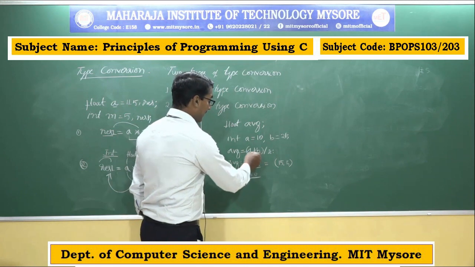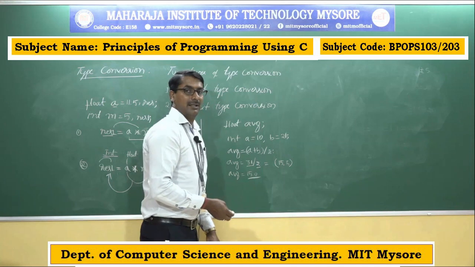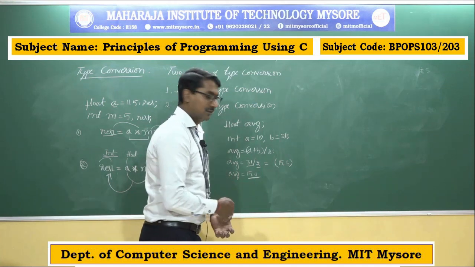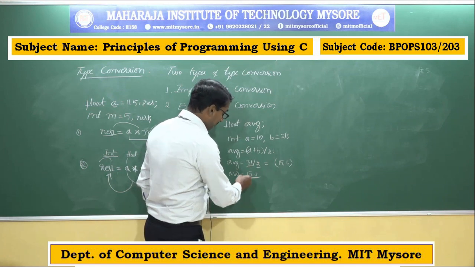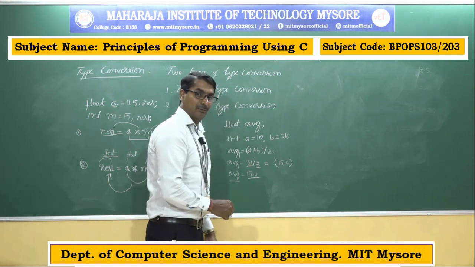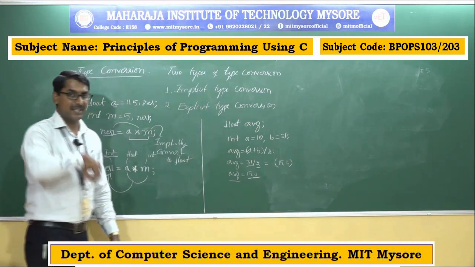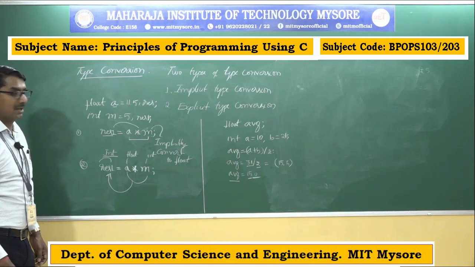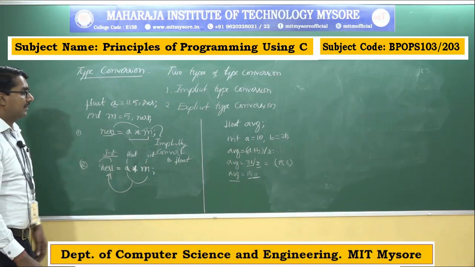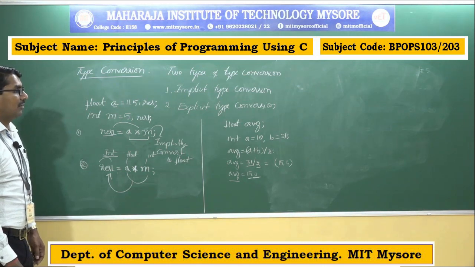When you perform integer division, it truncates the fractional values and stores only 15, but the variable is of floating point type, so it assigns 15.0. So this is the problem of implicit type conversion, where the conversion is performed automatically.